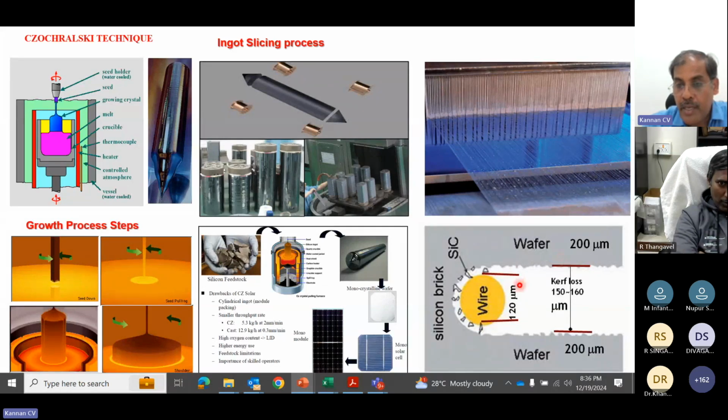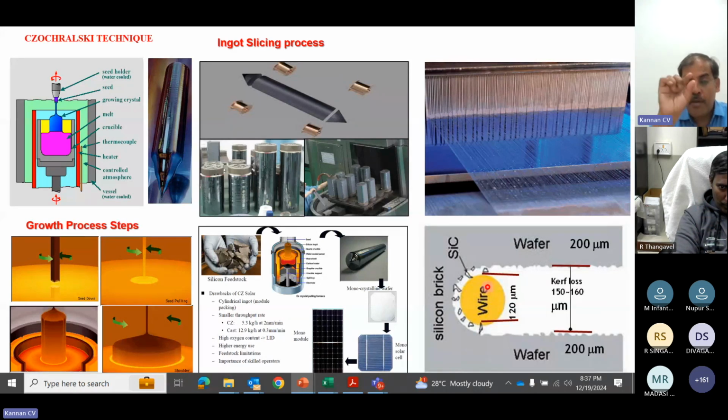If you see here, this is the wafer thickness, for example 200 micron, and this is the diamond wire. Say you want to produce a 200 micron wafer. So how much are you losing?